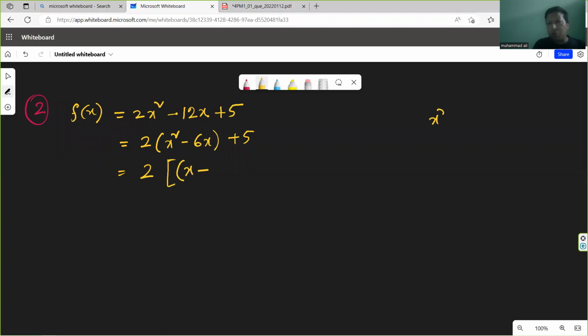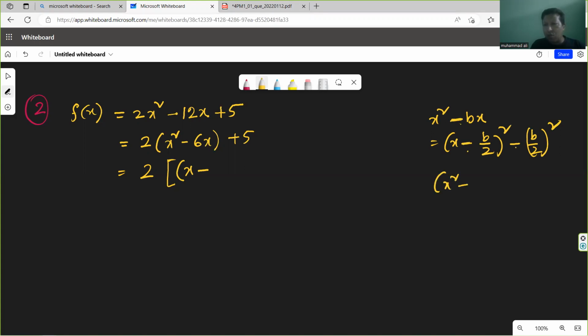Here is the completing square formula: x squared minus bx equals x minus b by 2 whole squared minus b by 2 whole squared. If there is a minus, here will be minus; if there is a plus, here will be plus, but the last term will always be minus.